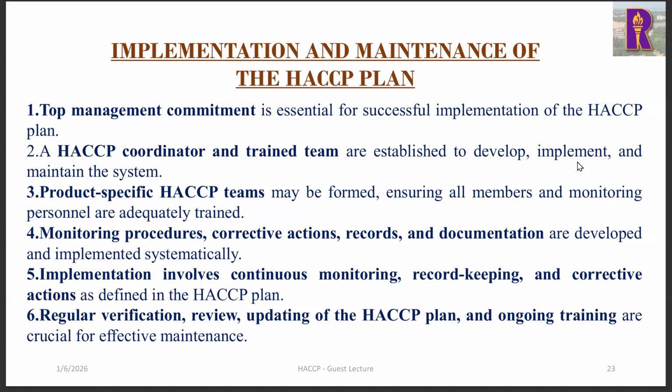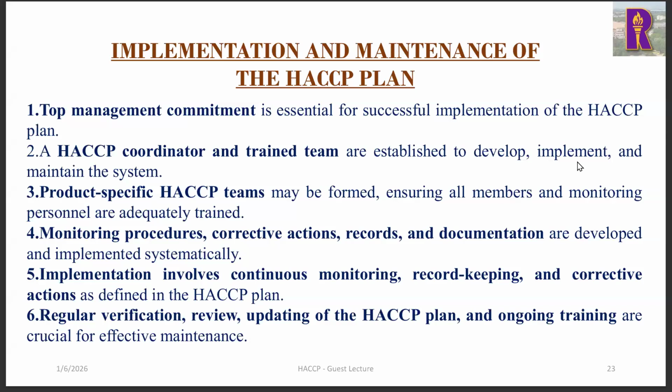The next is the product specific team. When I talk about a large manufacturing unit, for example, let's take this masala itself. In any masala manufacturing unit, it is not that they produce only one product. It goes for different flavor products, different sizes of the product, different ingredients, different raw materials, different types of processing, thermal or non-thermal, dried, paste, and so many things.